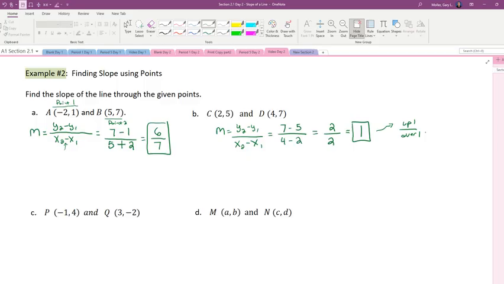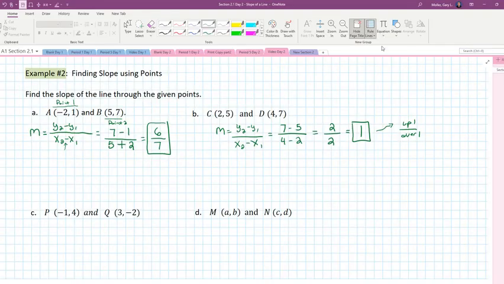Okay. Let's take a quick moment and double check our math on these, make sure that they're doing what we think they're doing. So I'm going to just graph this last one. 2, 5. All right, 2, 5 is going to be 1, 2, 1, 2, 3, 4, 5. That's right there.